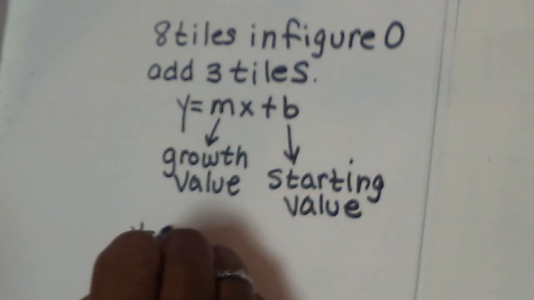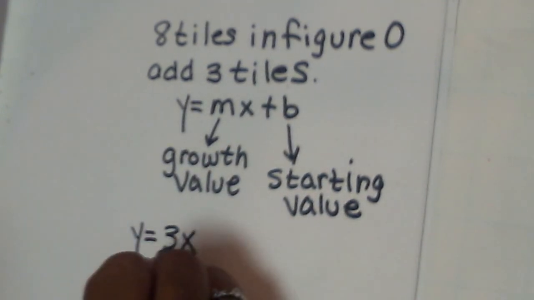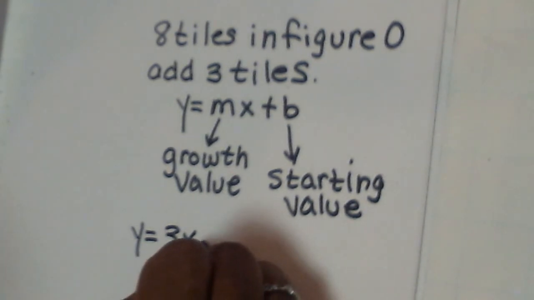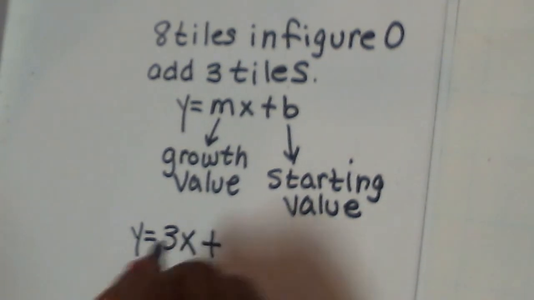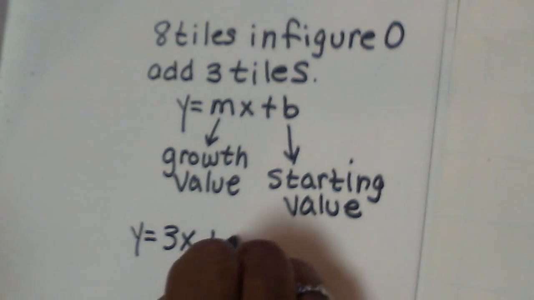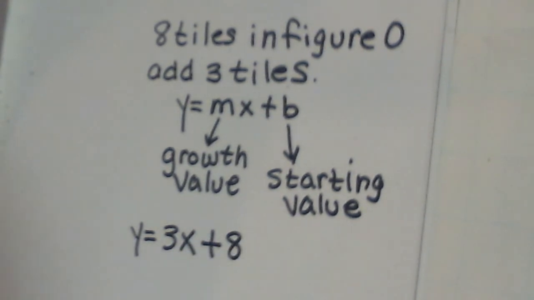So I can write y equals 3x, because that's the growth value. And we started out in figure 0 with 8. So our starting value is 8. So we can write the equation. If we know what the starting value is and we know how it's growing, we can always write the equation.